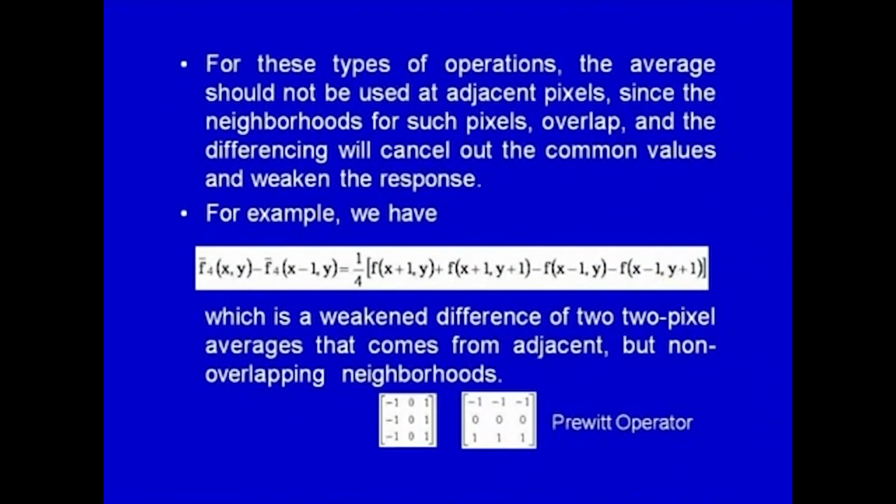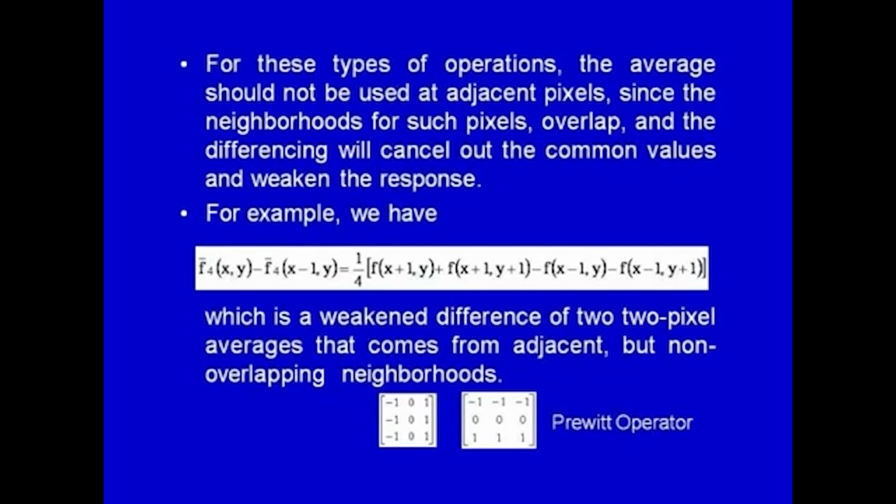For these types of operations, the average should not be used at adjacent pixels, since the neighborhoods on such pixels overlap and the differencing will cancel out the common values and weaken the response.